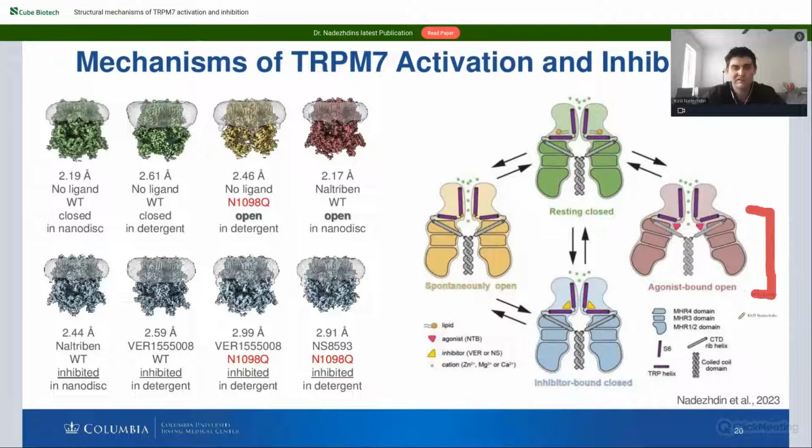We speculate there are some endogenous ligands inside the cell that can force the channel open and conduct more magnesium. If there is too much magnesium inside the cell, magnesium itself can block the channel, but the cell can also recruit additional compounds that convert the channel into the closed, inhibited state. This is how we speculate the channel can be regulated.